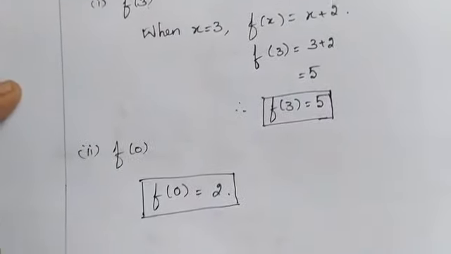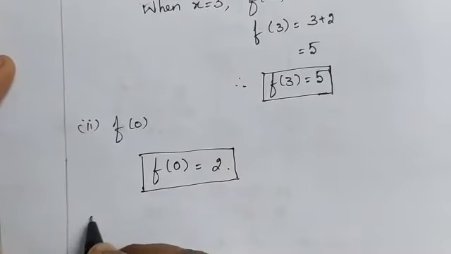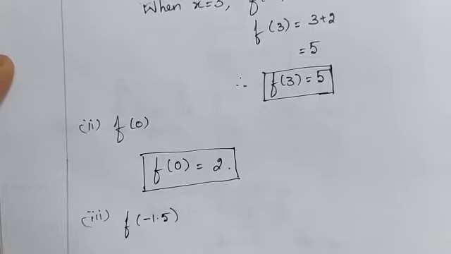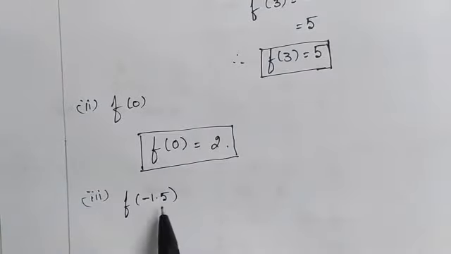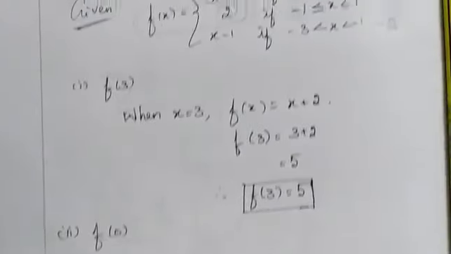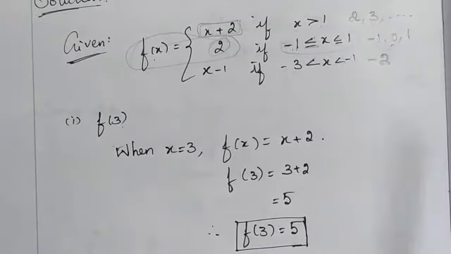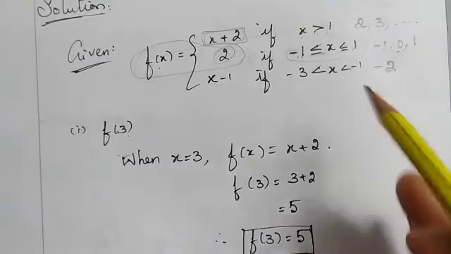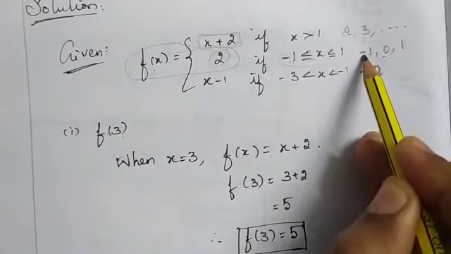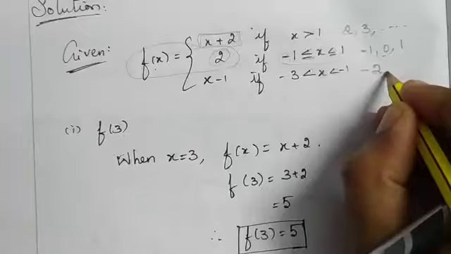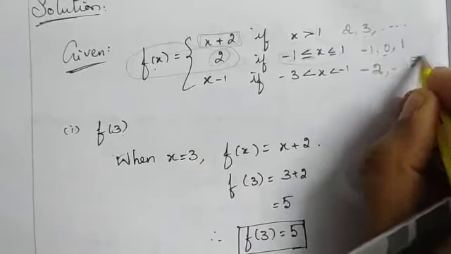Now, third part, that is f of minus 1.5. See, minus 1.5 lies between minus 1 and minus 2. Here up to minus 1. Therefore, minus 1.5 is present in the third line.